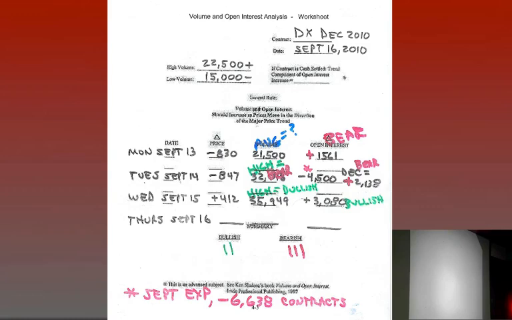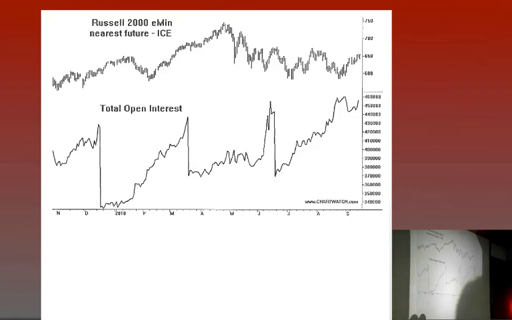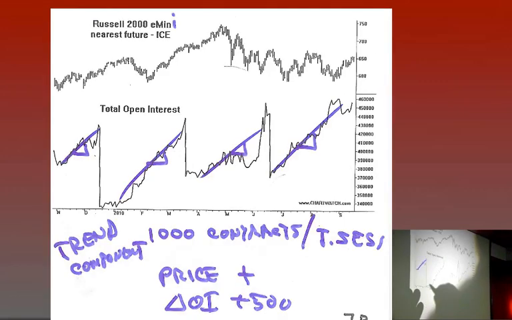Well, I don't imagine ICE will mind if we sneak a look. We're going to look at the DX open interest, but first the Russell 2000 E-mini. This goes back several expirations. And this is always total open interest. You see what happens at the expiration? That nearby contract, when it comes off, causes the total to drop like a rock, and then look what happens.